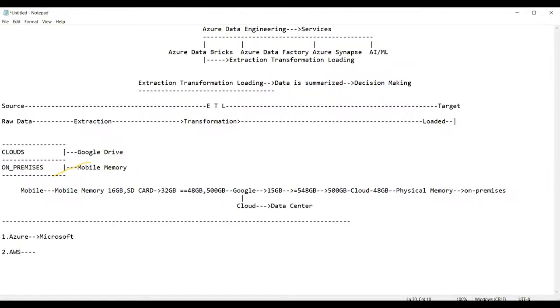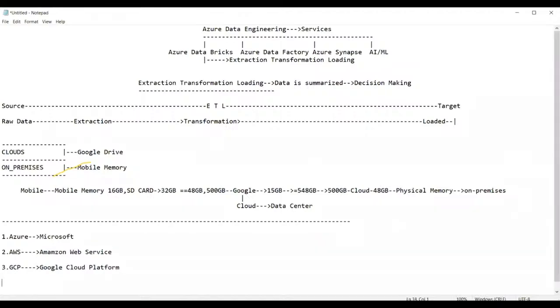AWS is from Amazon Web Services. And the third one is Google, GCP, which stands for Google Cloud Platform. Okay, guys, Google Cloud Platform.